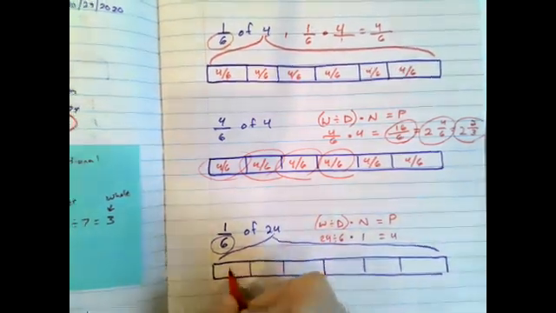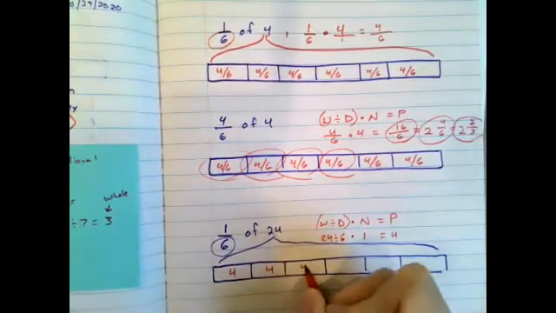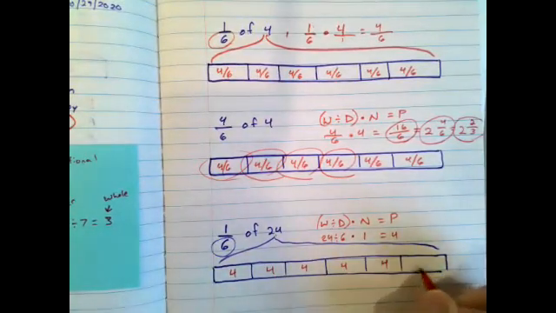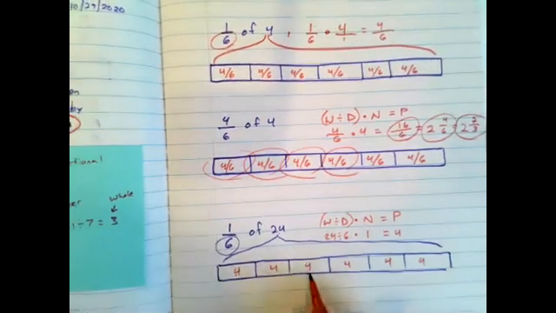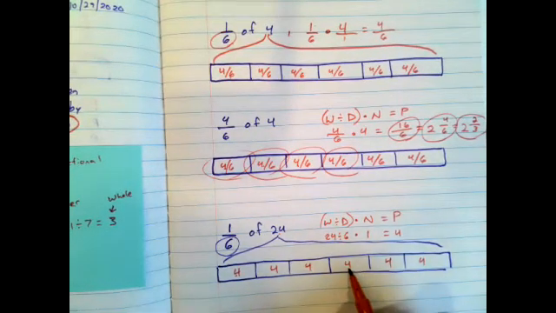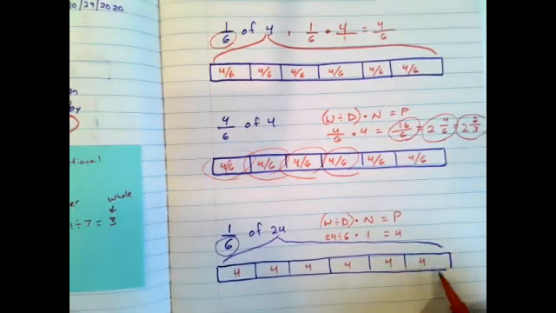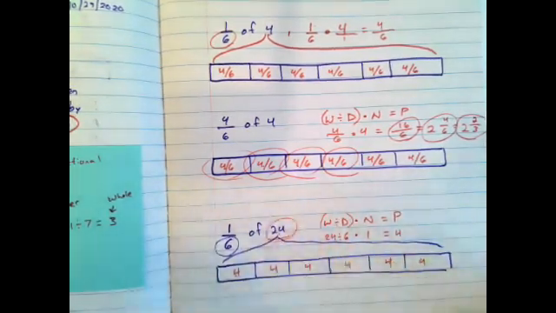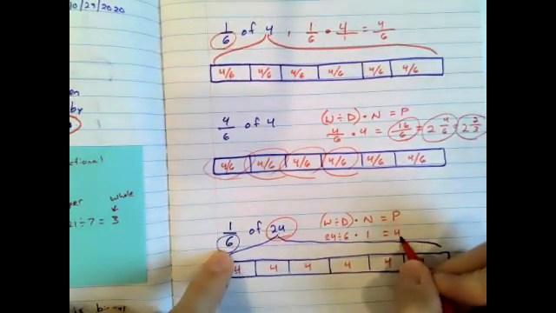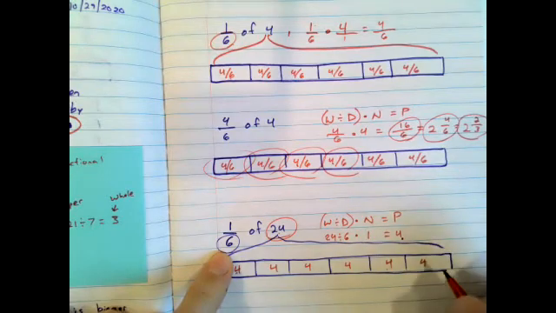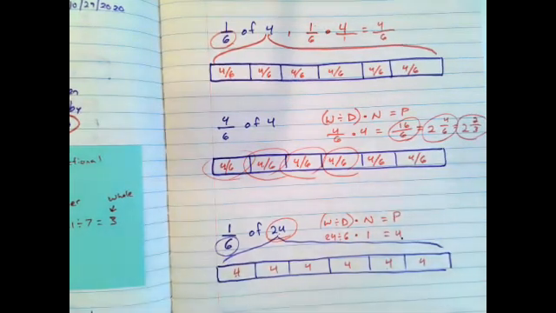So each piece should be 4, 4, 4, 4, and 4. Let's double check. 4 plus 4 is 8. Plus 4 is 12. Plus 4 is 16. Plus 4 is 20. Plus 4 is 24. We made it. Awesome. So our product here is 4. Is that fractional or a whole number? It's a whole number.